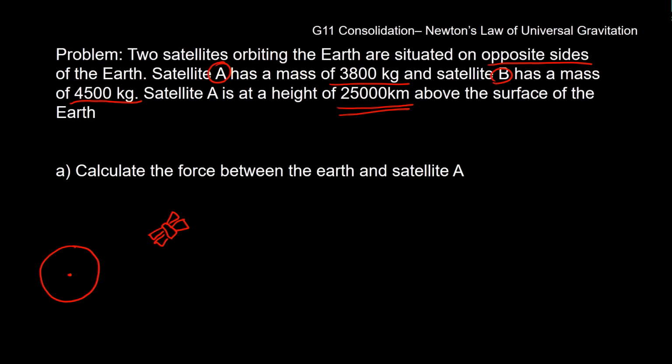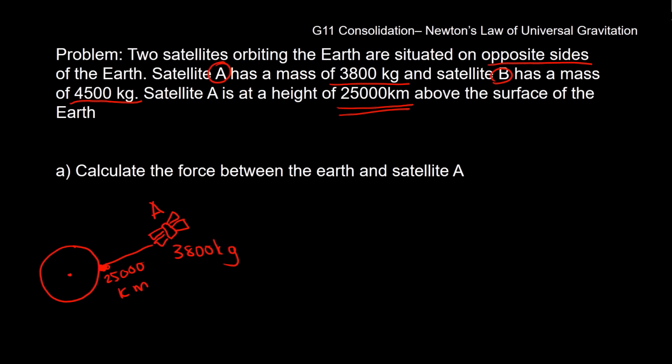Okay, let's call that A. And A I know is 3,800 kilograms, and it is a distance of 25,000 kilometers from Earth's surface. So B is going to be somewhere else. I'm not worried too much about B because the first question is not about B.